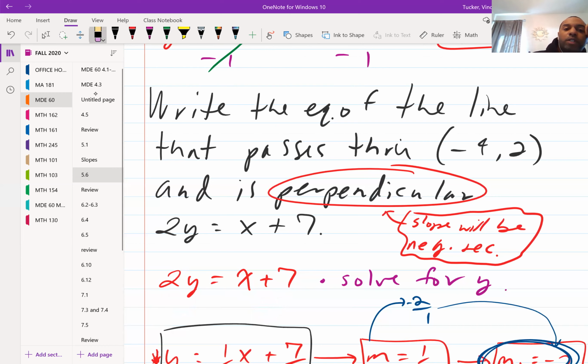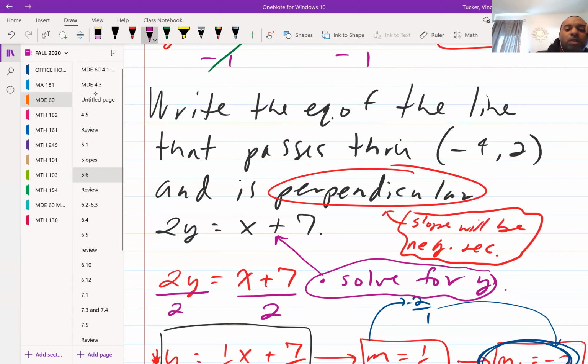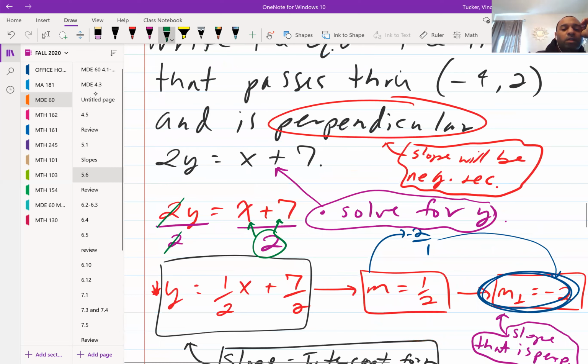All right, so now the first thing we have to do is figure out what the slope is of this line. So we have to solve it for y. So divide both sides by 2. And then don't forget on this right side, that 2 has to go to each term.